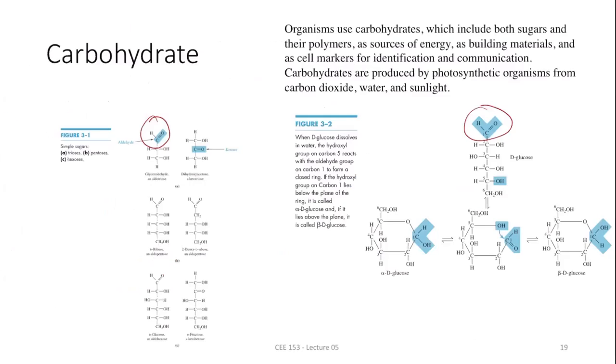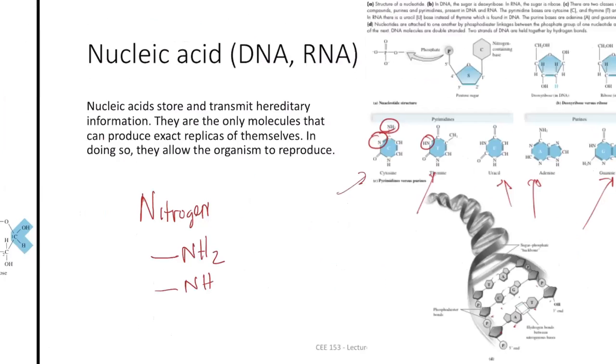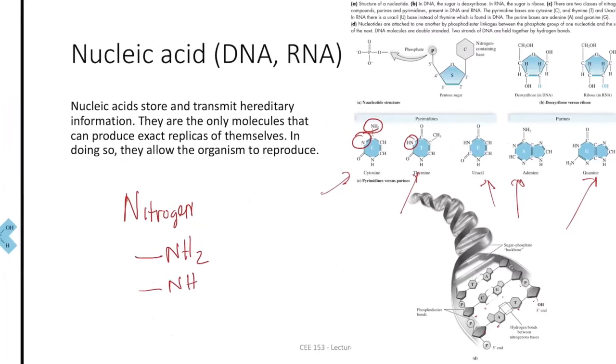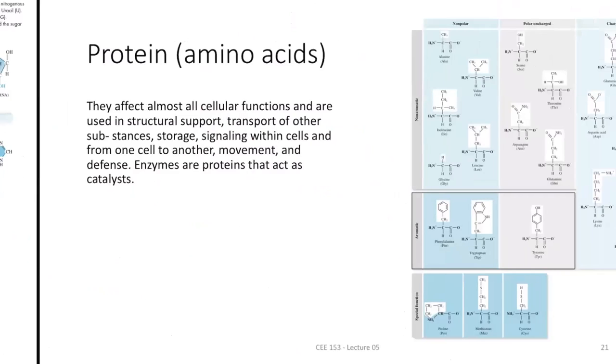If you see carbohydrates, you never see any nitrogen there. That's why, if you look at the main composition of our system, it is carbon, nitrogen, oxygen and hydrogen. And nitrogen is at least the most dominant component in nucleic acid, same as proteins.